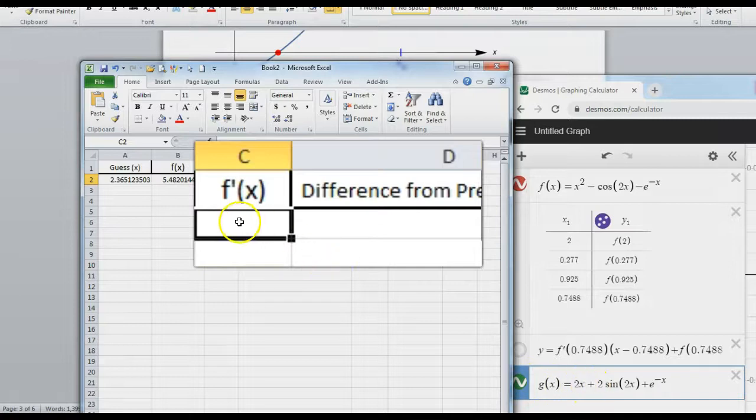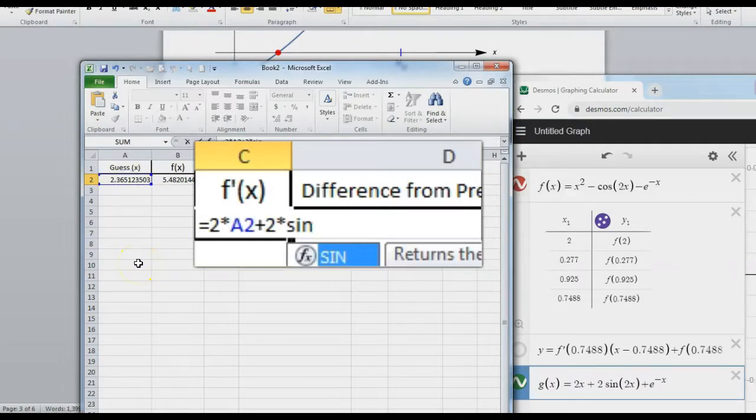Okay, so same thing. If I'm going to type this into Desmos, I need the same thing. Everywhere I see an equal sign, I need to type that in here, and then all the stuff after. So 2 times x, this is still my x, plus 2 times the sine of 2 times x. All right, close that off.